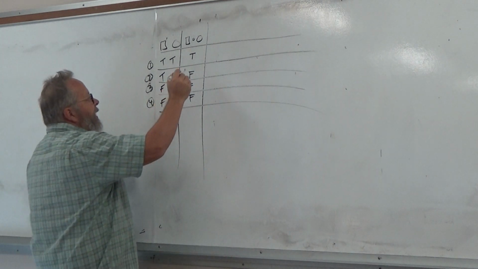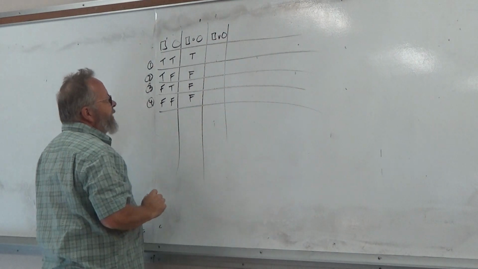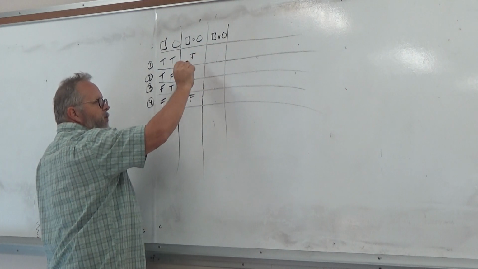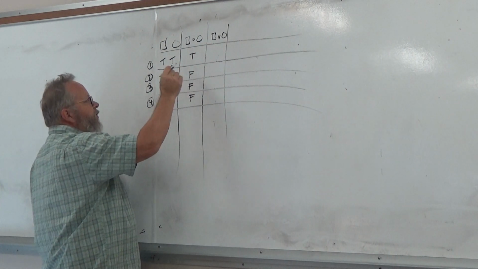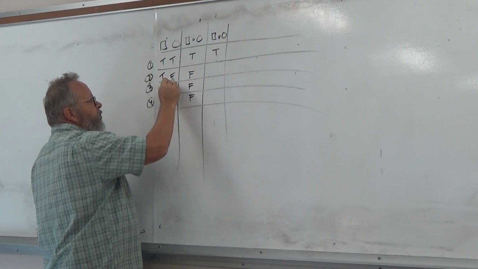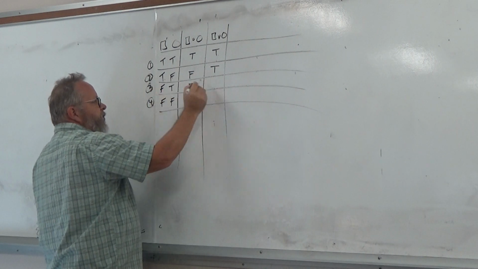Okay? And then we also said, well, when is it the case that a disjunction is true or false? Remember, this is inclusive or, one or the other or both. When they're both true, the disjunction is true. When the first one is true but the second is false, it's true. Vice versa is true.